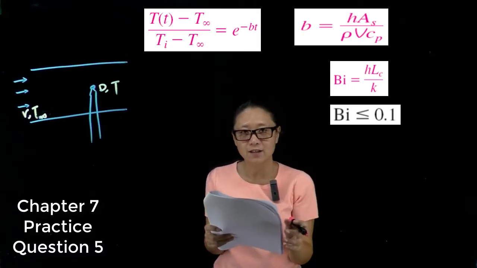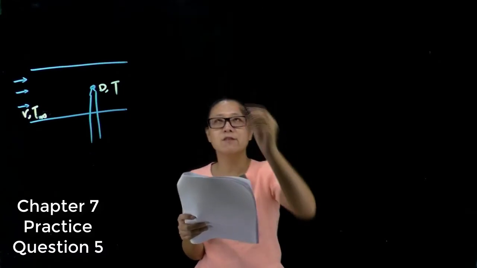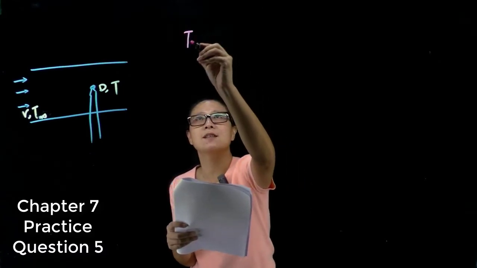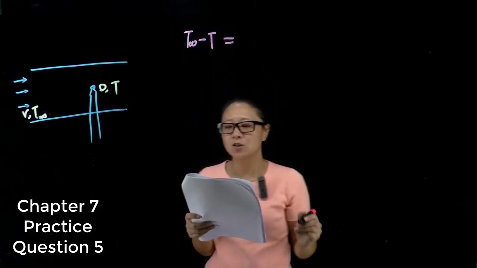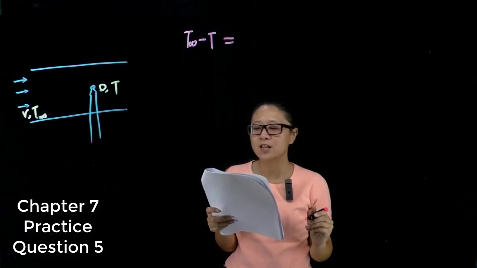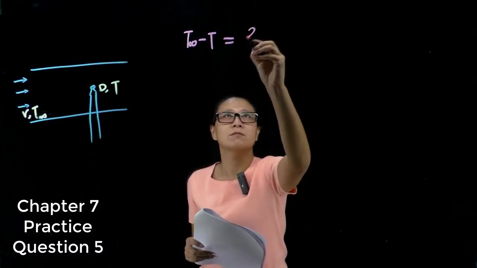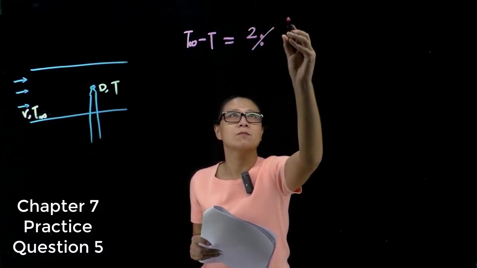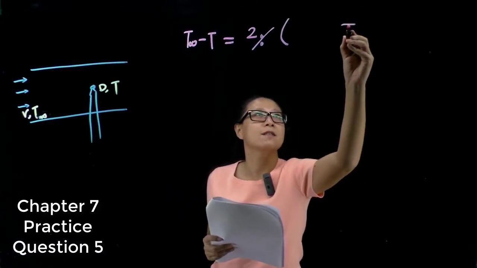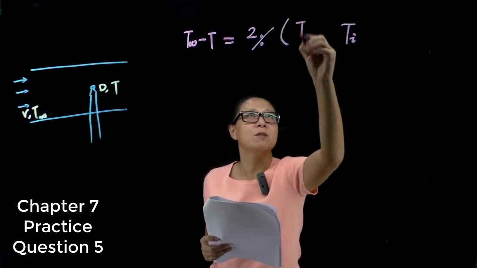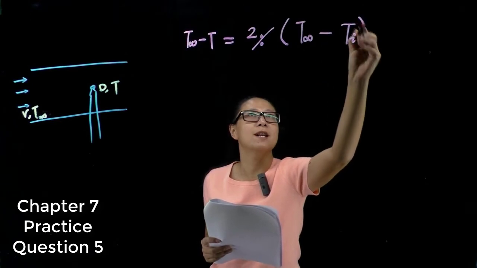So we want to find the time required for the temperature difference T infinity minus T to reach 2% of the initial temperature difference. Initially, the thermocouple is at temperature Ti. So the initial temperature difference is T infinity minus Ti.